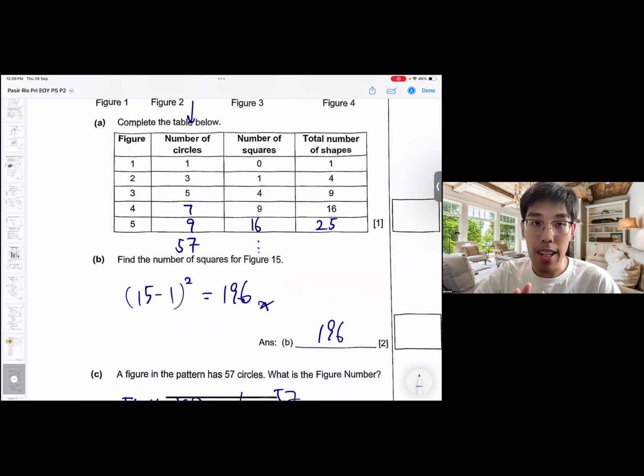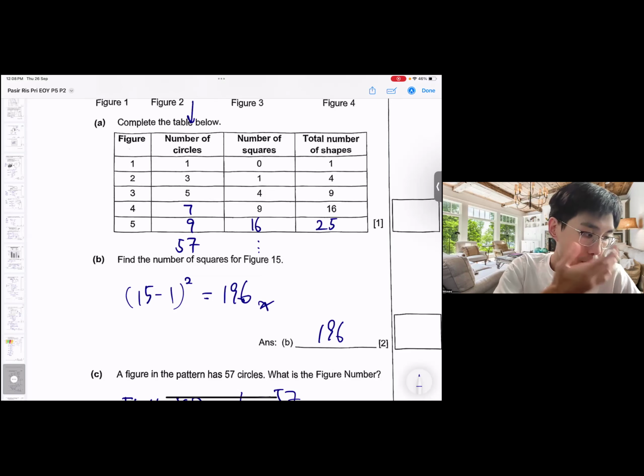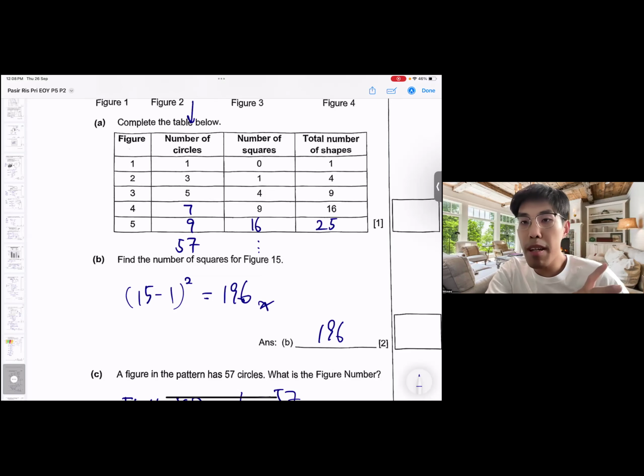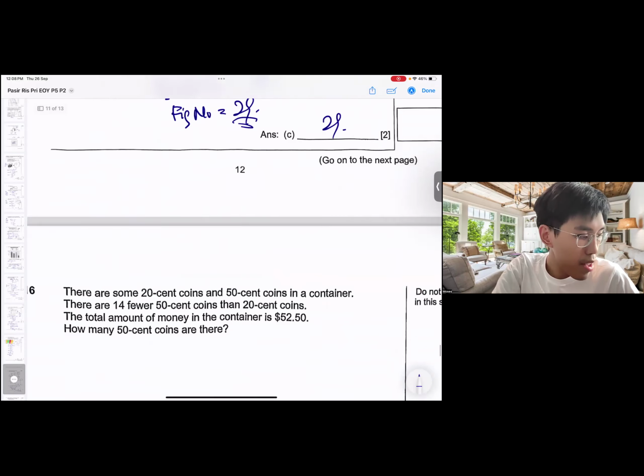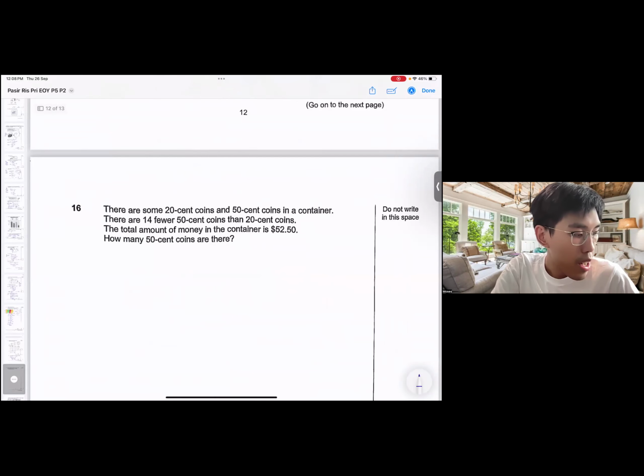But for the majority of you who are not my students and watching this video, just look into the observation of how the figure number relates to the number of circles. Try to experiment with various multiplication, maybe times 2, times 3, times 4, like that. Okay, let's move on.